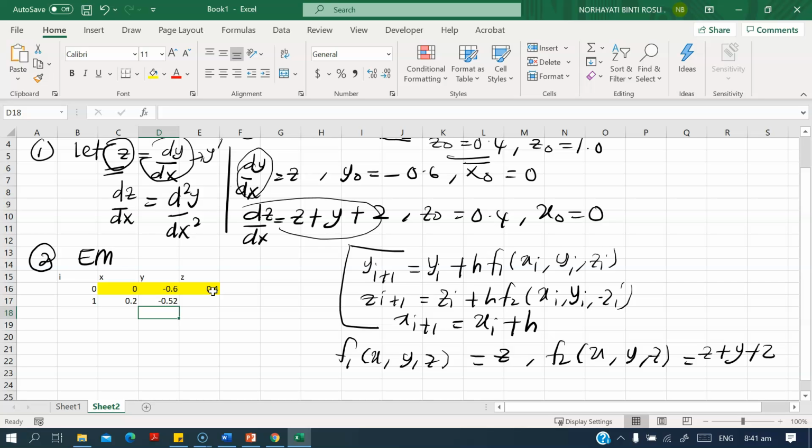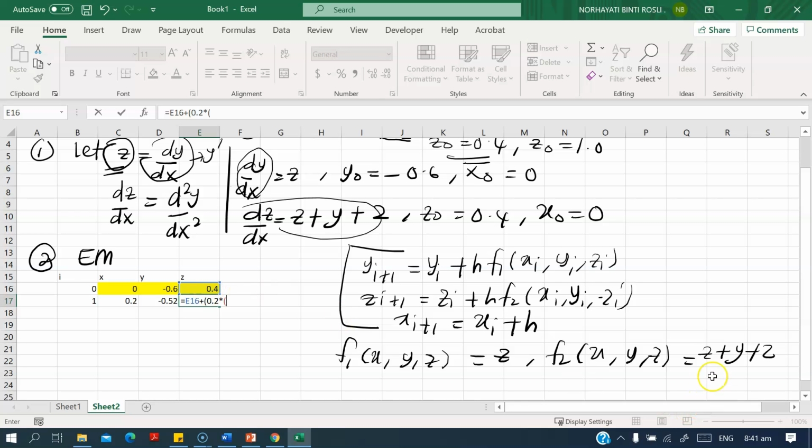And next, class, we need to compute z. So z here is equal to z0, which is this value, plus h, 0.2 multiplied by, you put in the bracket here because we have this function, z plus y plus 2.